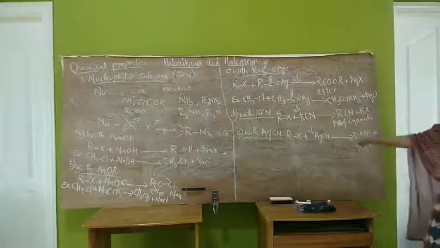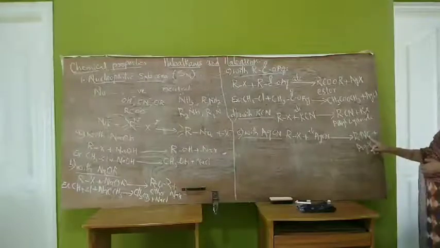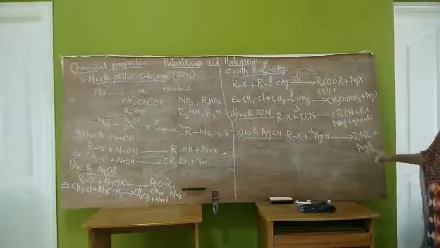You write one example by taking R as CH3: you get methyl isocyanide plus AgCl.